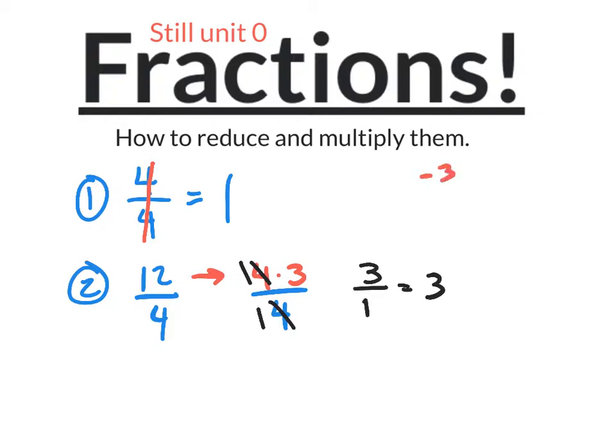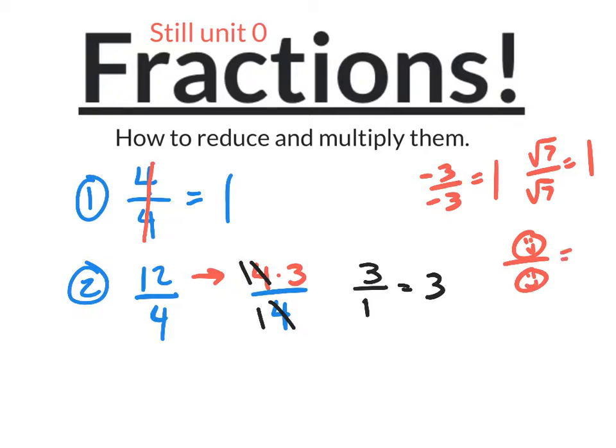If you have a negative 3 over a negative 3, it cancels, it equals 1. If you have a square root of 7 over the square root of 7, it cancels, it equals 1. If you have happy face over happy face, it cancels, it equals 1. Seriously, anything over the same exact value, it equals 1. And that's a very important fact when it comes to reducing fractions and also when you're multiplying fractions.